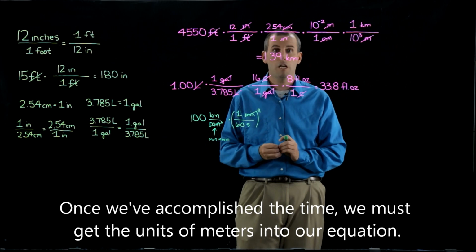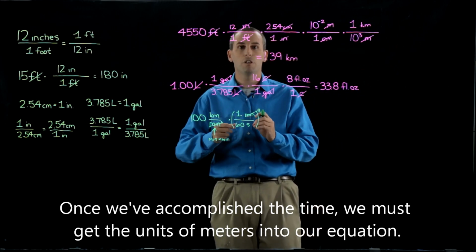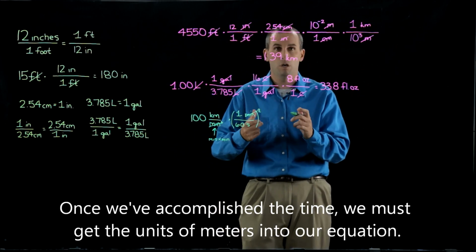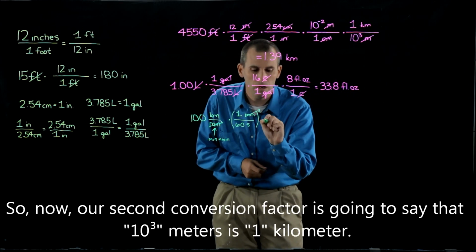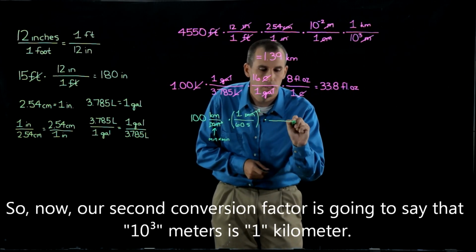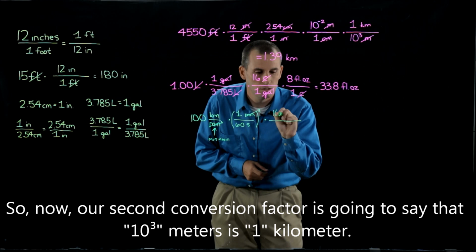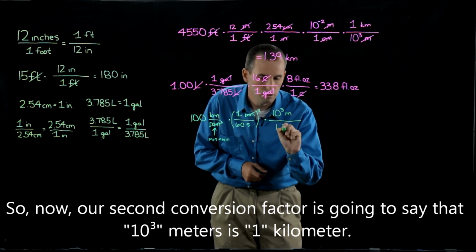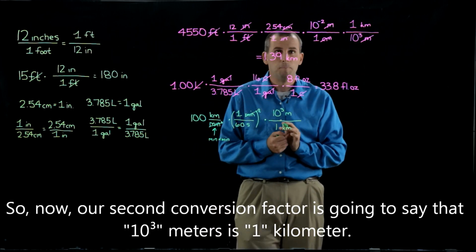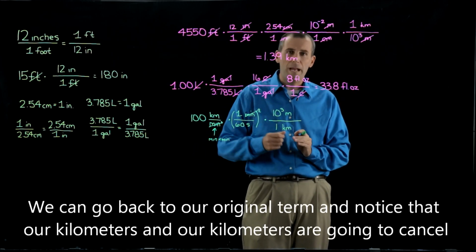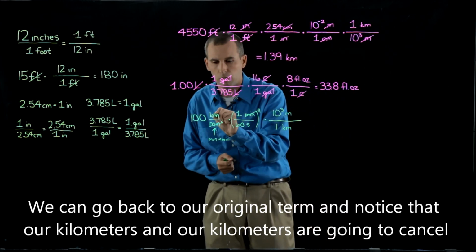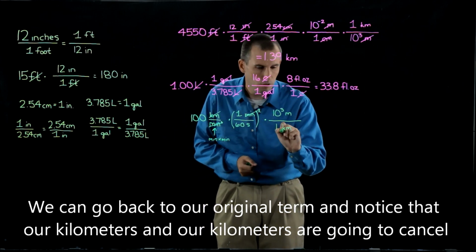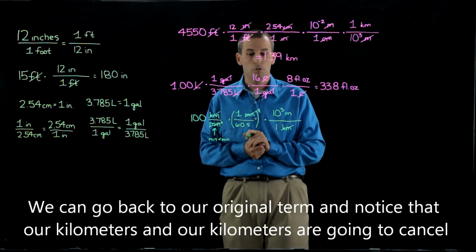Once we've accomplished the time, we must get the units of meters into our equation. So now our second conversion factor is going to say that 10 to the third meters is 1 kilometer. We can go back to our original term and notice that our kilometers and our kilometers are going to cancel.